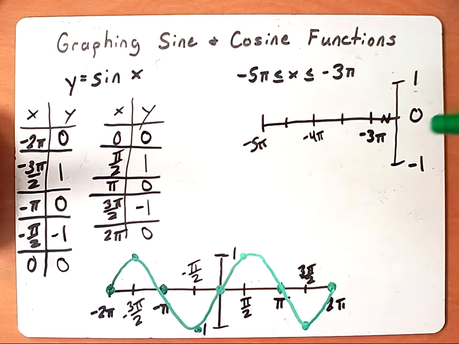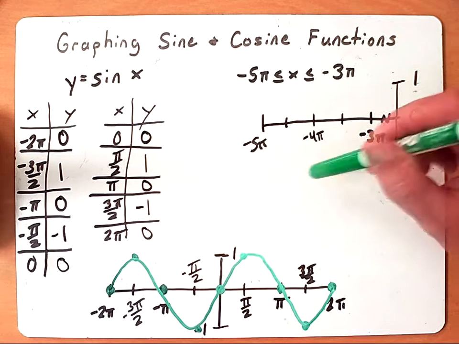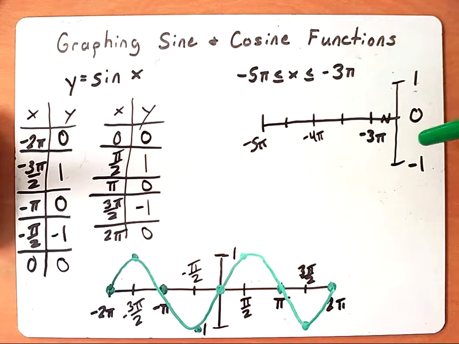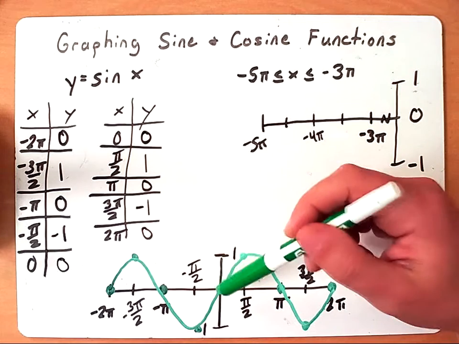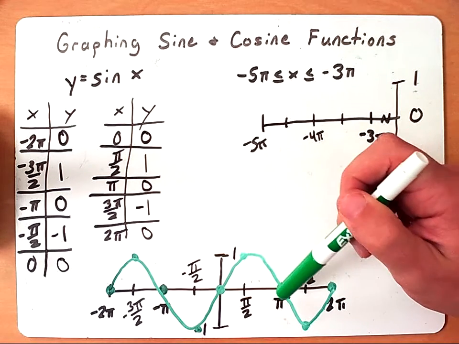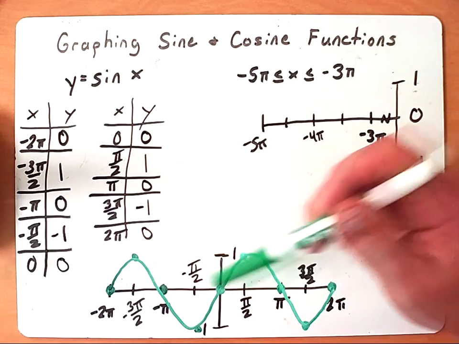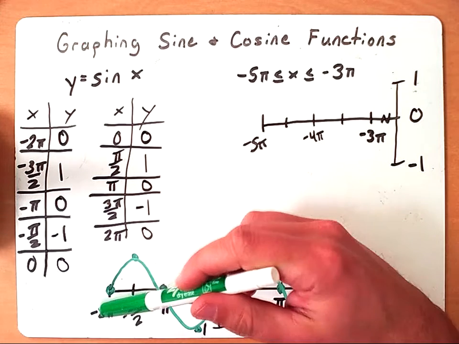All right, so we need to determine where our points are going to be on this graph. So where will my points be on the axis, where will they be at the maximum up at 1, where will they be at the minimum down at -1. Okay, so it's going to take looking at our original graph and then moving the stuff over. So if I look at my original graph, let's first look and see where my points are at the x-axis, at the 0 line. So I see at 0 it's there, at 1 pi it's there, at 2 pi it's there, at -pi, at -2 pi.